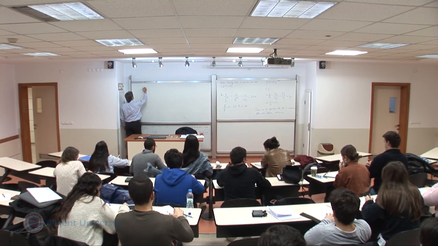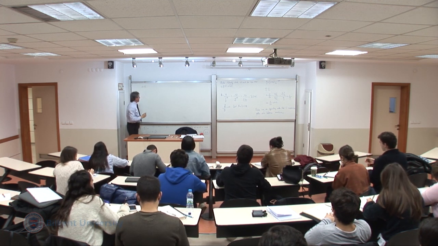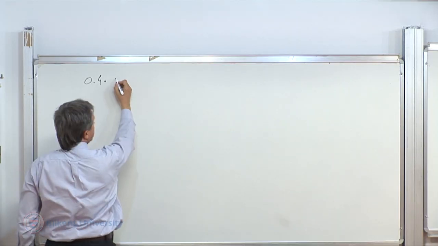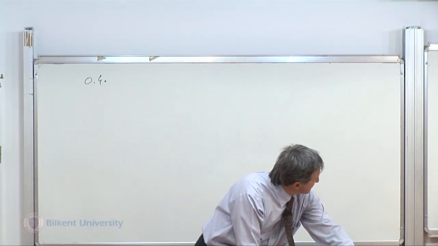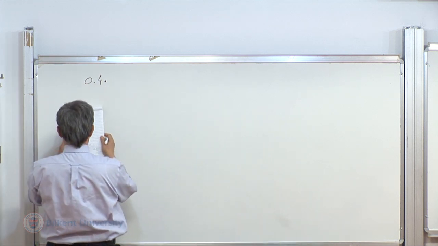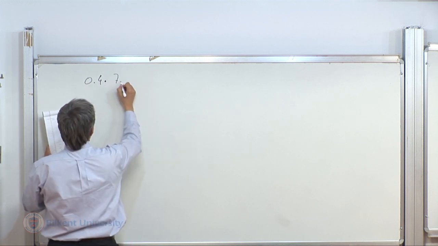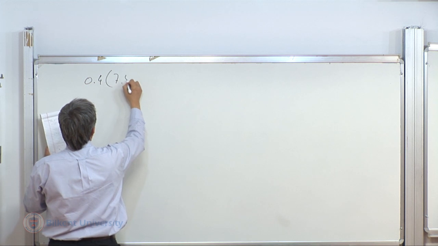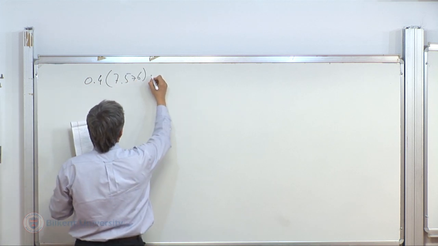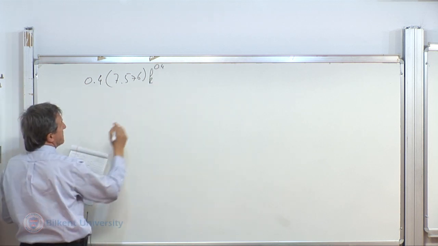So we impose steady state: 0.4 times f of k, which is A. What was A? Anyway, A is 7.576 times k to the power 0.4. This is my f of k function.